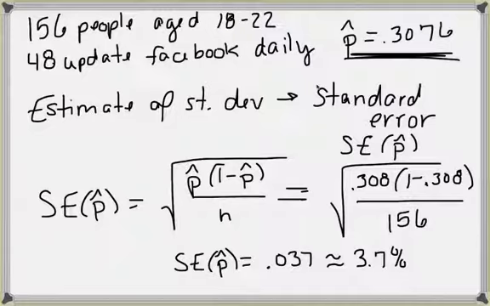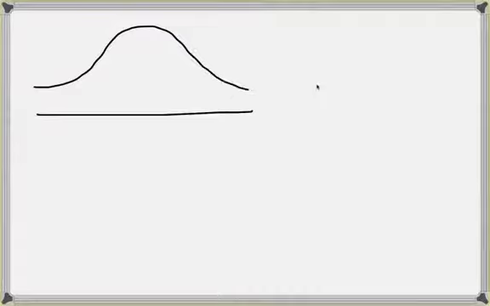Now, to calculate a 95% confidence interval, this is based on our standard deviations. If you think about what our normal curve looks like, we've got our center, well, in this case, it wouldn't be mu. Our center would be where p hat is. Let's try that one more time.